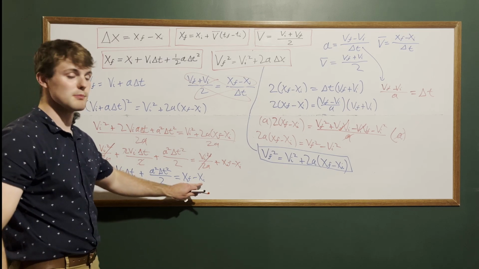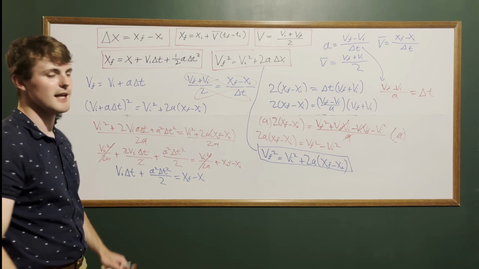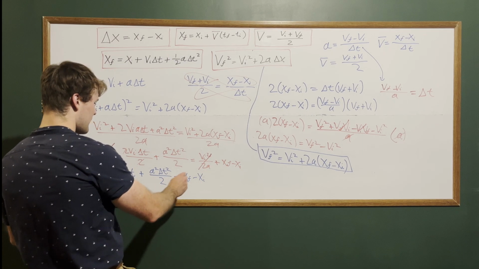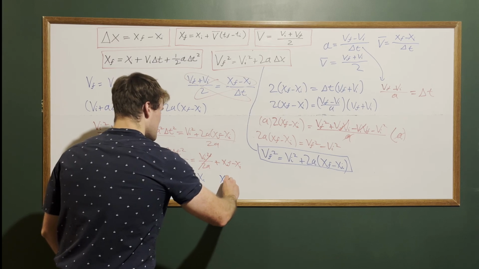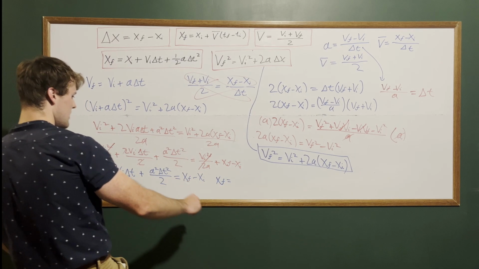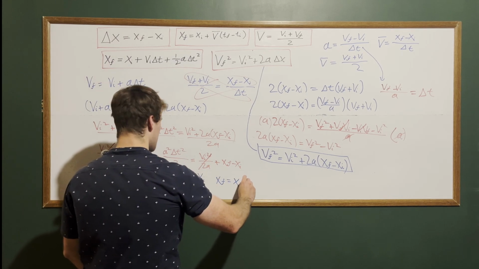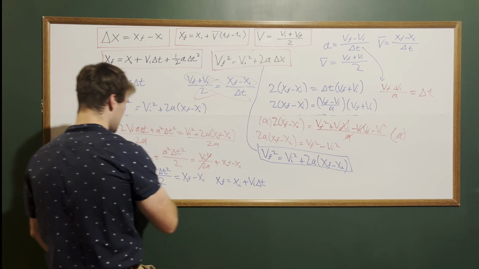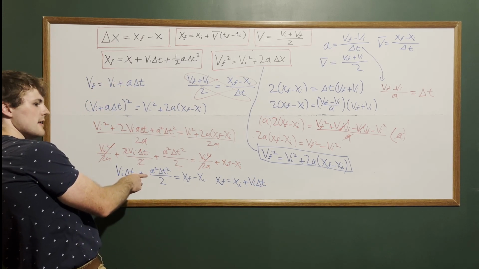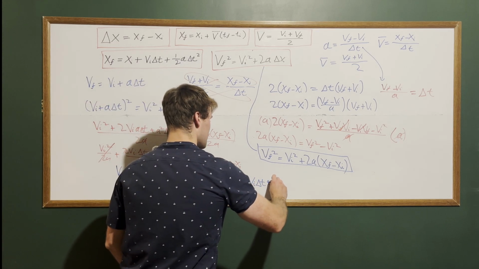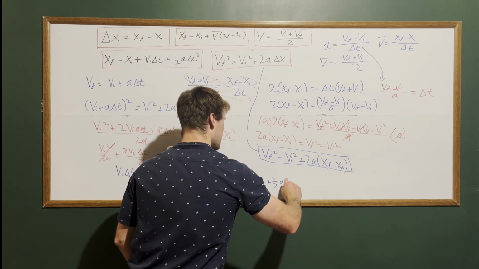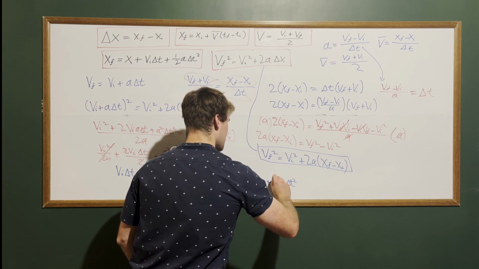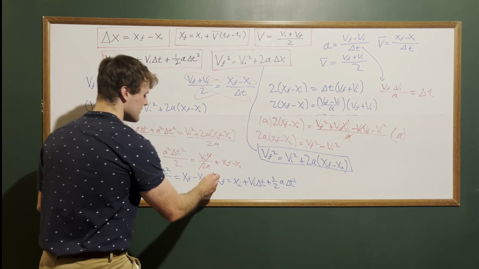All I'm going to do is just move this xi to the other side and call it a day. We have xf equals xi plus vi delta t plus 1/2 a delta t squared. And there you have it.